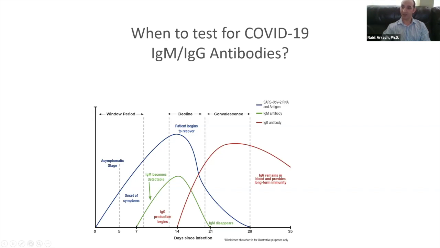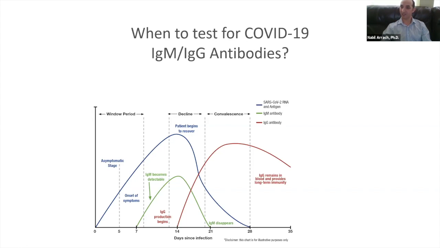The IgM, which is the first antibody, shows at week 1, peaks at week 2, and decays around week 3. The IgG, which is the long-term antibody, will start in 2 weeks, then peak at close to 3 to 4 weeks.